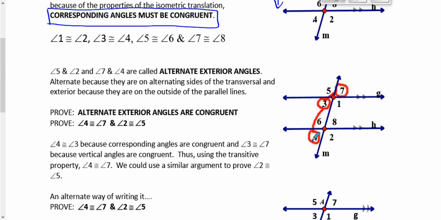Because they're vertical angles. And then 3 is congruent to 4, right? So then 7 must be congruent to, remember the property that we listed? What says that? If 7's congruent to 3 and 3 is congruent to 4, then 7's congruent to 4. Isn't that the transitive property? Remember that? Can't we just use transitivity here?